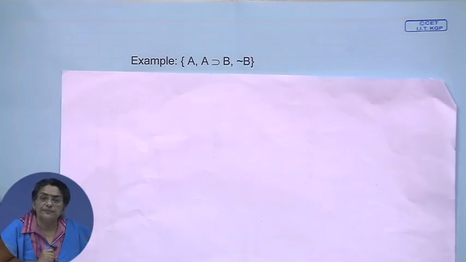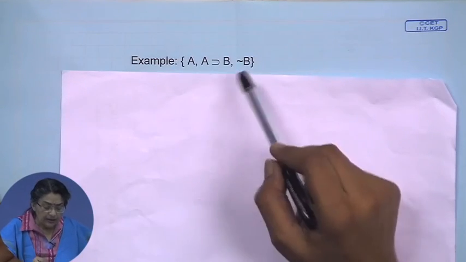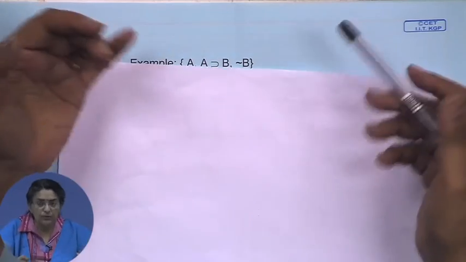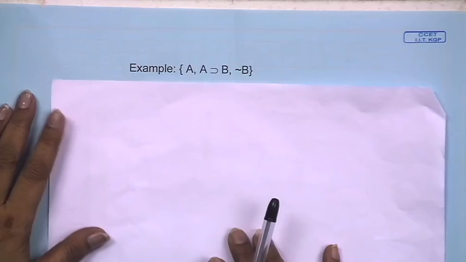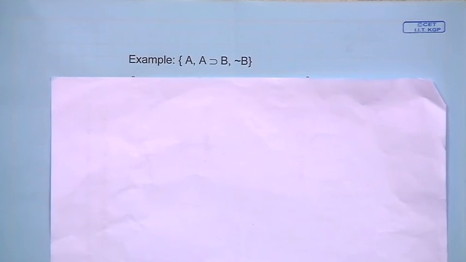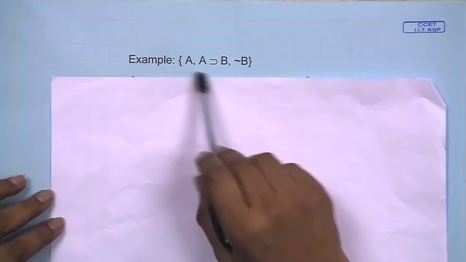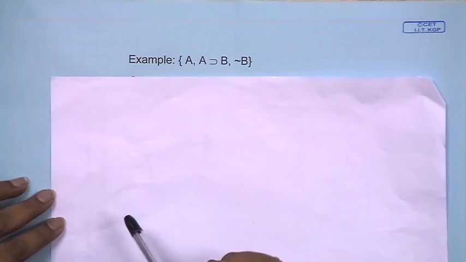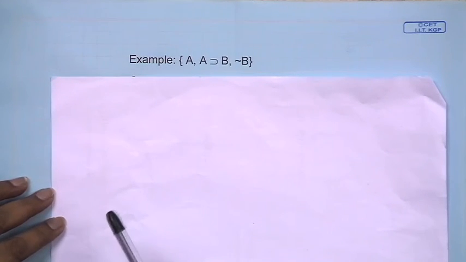Let us take another example, so that our understanding is more or less clear, and this is where we will stop the discussion also. So, here is the example, and it has 3 members, right. Now, you have the choice: you can go with a 4-row truth table to see whether it is consistent or inconsistent, or you can use the shorter truth table method to see whether it comes out to be consistent in that one possibility.